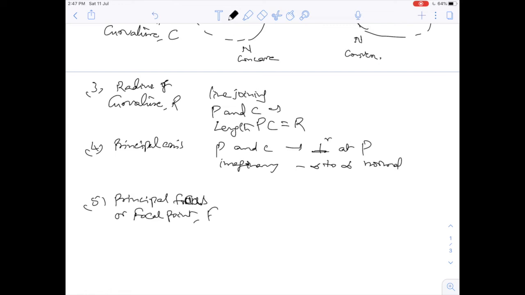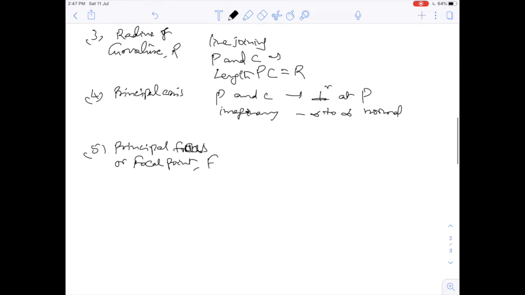The focal point is denoted as F. If you take a concave mirror, this is the coated surface, and this is P. If light is incident at any point, it acts like a plane mirror, therefore it reflects, and the normal will be passing through the center.